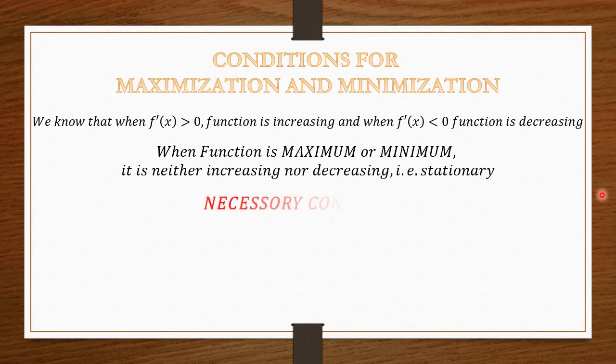So the necessary condition for maximization and minimization is that f dash x should be equal to 0. It is not increasing, so not more than 0. It is not decreasing, so not less than 0. That means it is static, that is, it is equal to 0. So the first condition here is f dash x should be equal to 0.